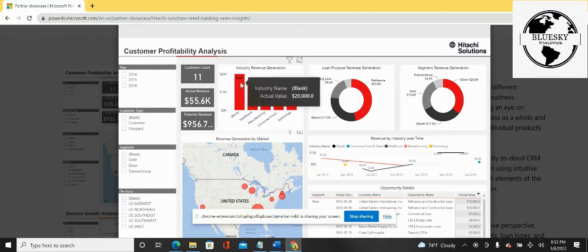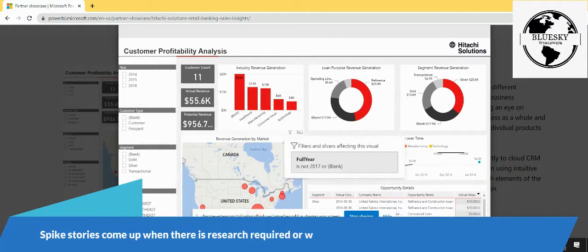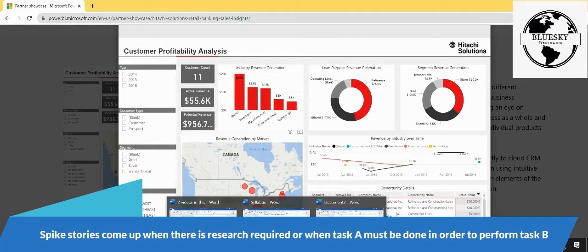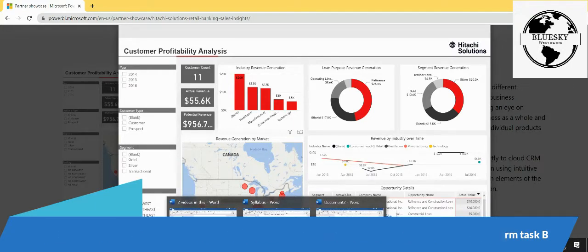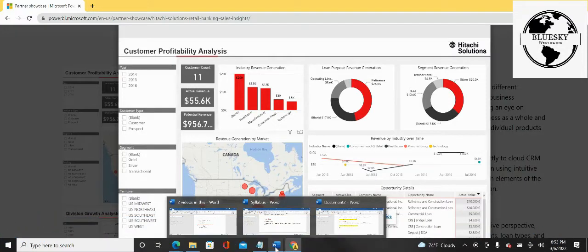Let's assume that we have to do some sort of data migration in order to come up with this pie chart. So that's a spike, because it might need some research. When it comes to data migration, we might have to include some transformation logic, and this data might be coming from an external database, so we might need some permissions. We don't know the exact timings, we don't know how long it's going to take, and we are not aware of the efforts. Hence it's a spike story.